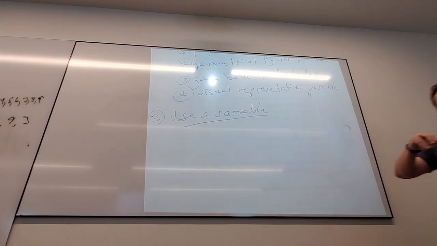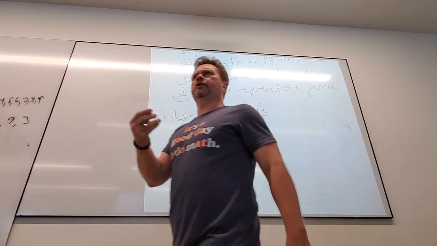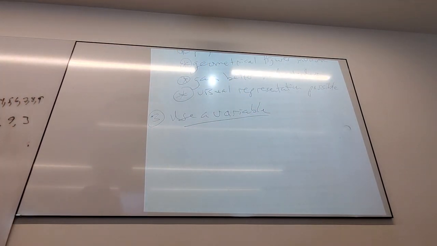Does somebody remember what's a good time to use a variable? I already said one situation. Yeah, when there's unlimited possibilities. Yeah, an insane number of possible answers. You definitely want to use a variable.